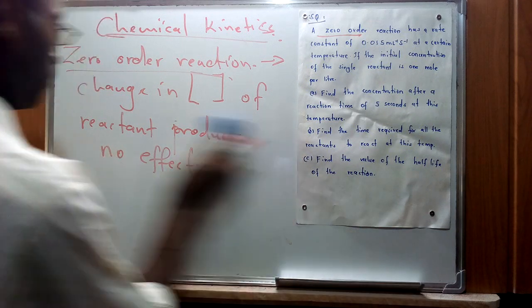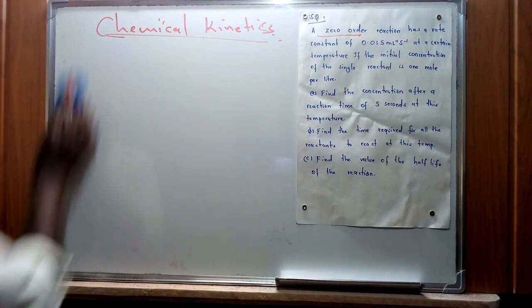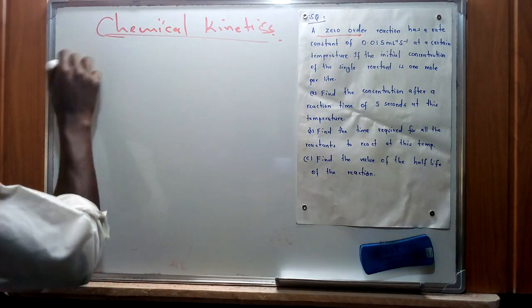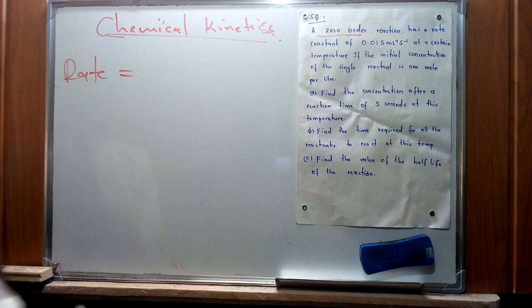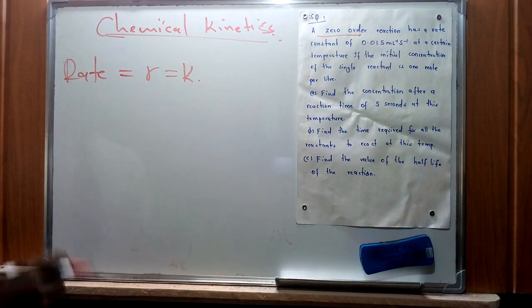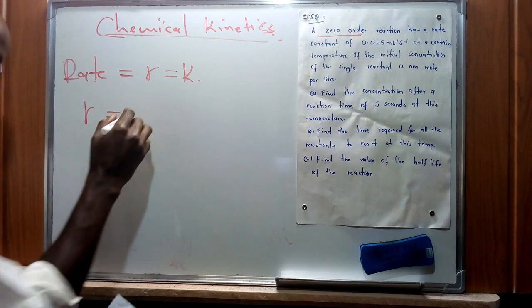Now we're going to have a specific expression or equation that is going to represent the zero order reaction, whereby the rate is given as R, which is equivalent to K, whereby K is a reaction constant and R represents the rate. As we said, the rate is a change in concentration over time.